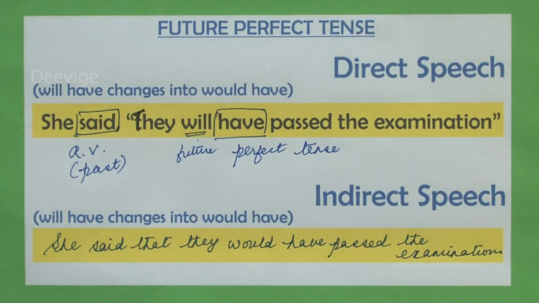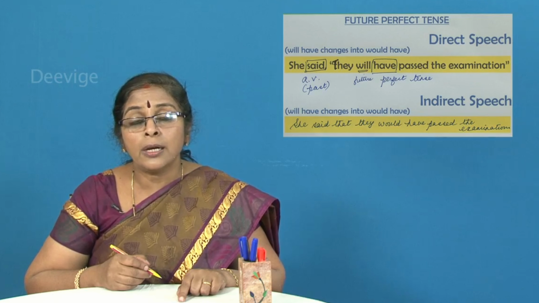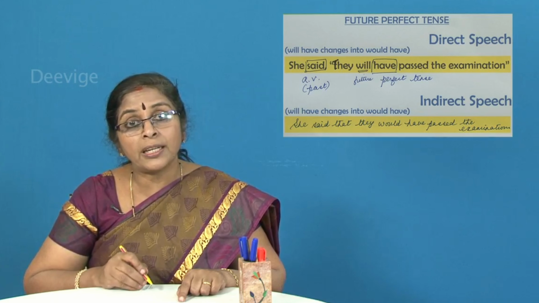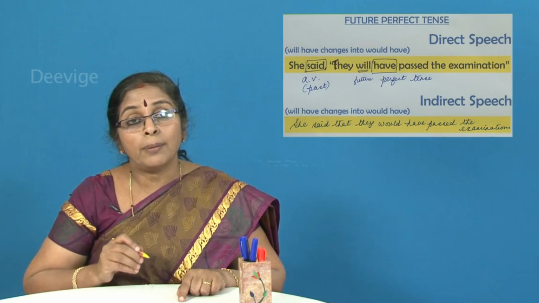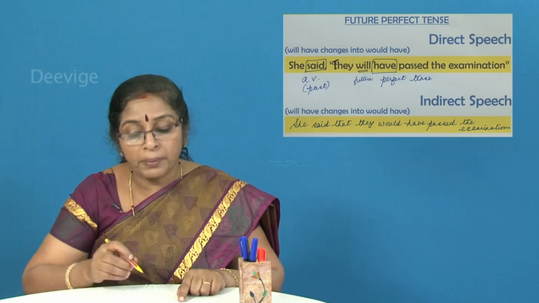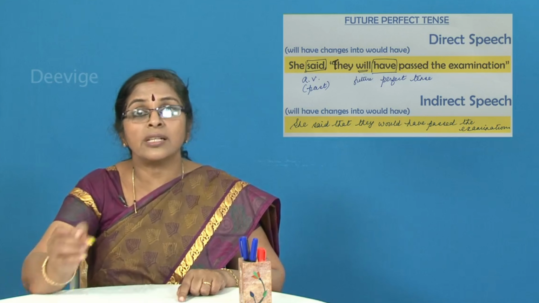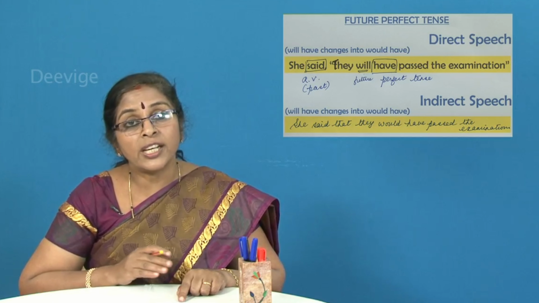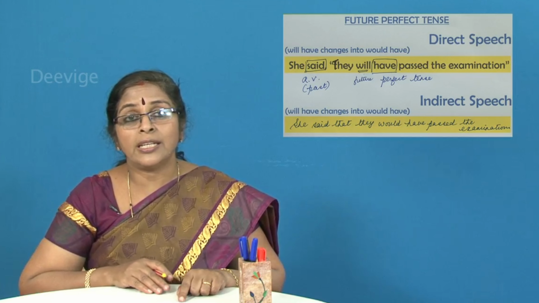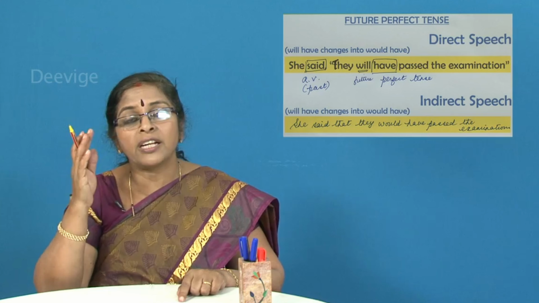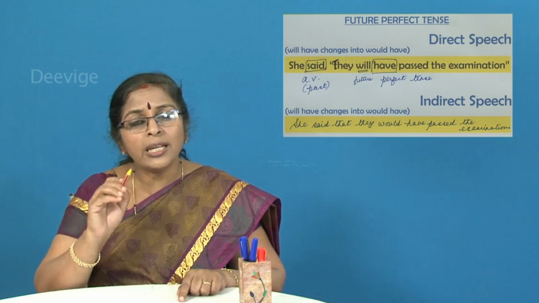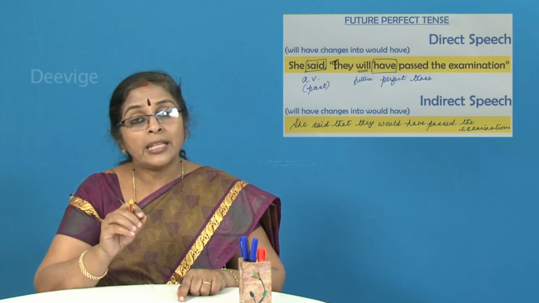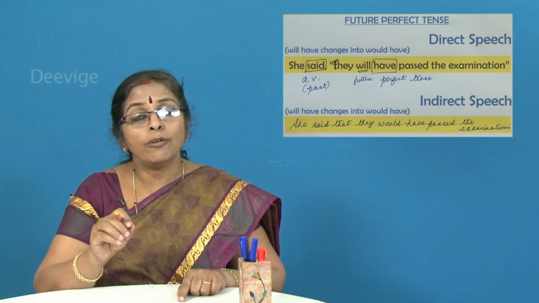Please do not put any other punctuation marks, students. Please bear that in mind, because if you change it appropriately into the indirect speech but forget to remove the open inverted commas and the close inverted commas, you are breaking the rules of changing it from direct to indirect. Always bear in mind, students, that the only punctuation mark that you are supposed to use in the indirect speech is full stop.